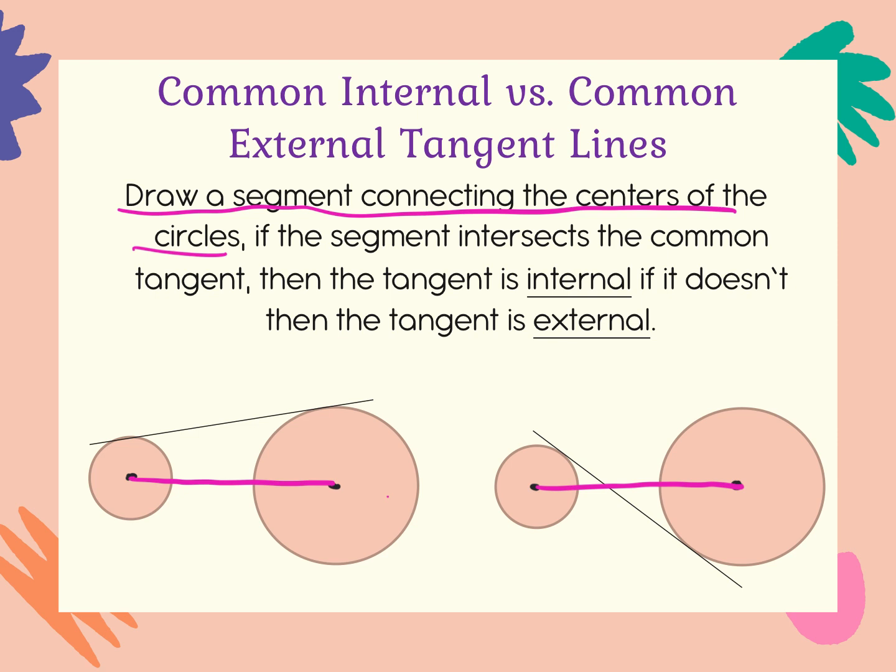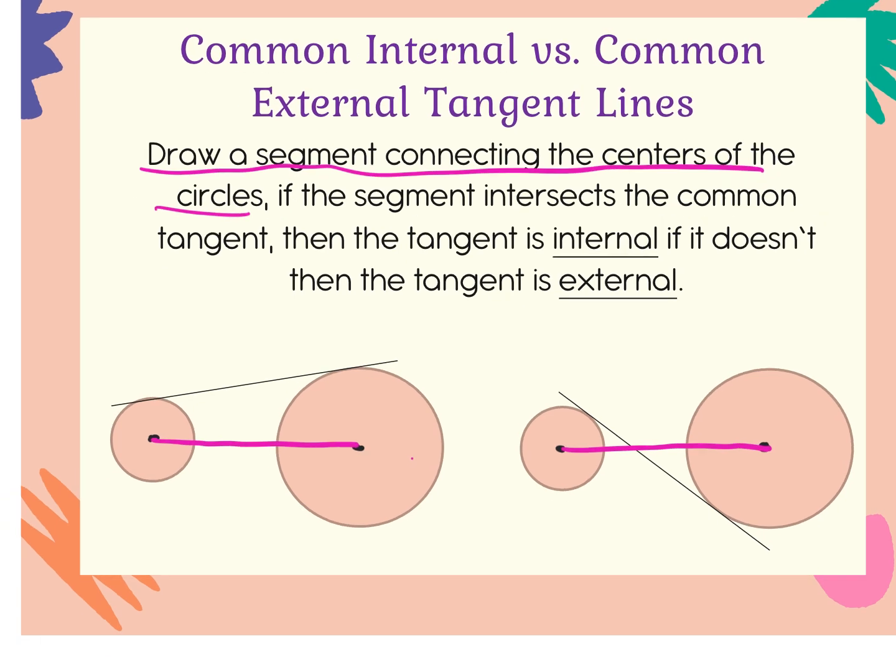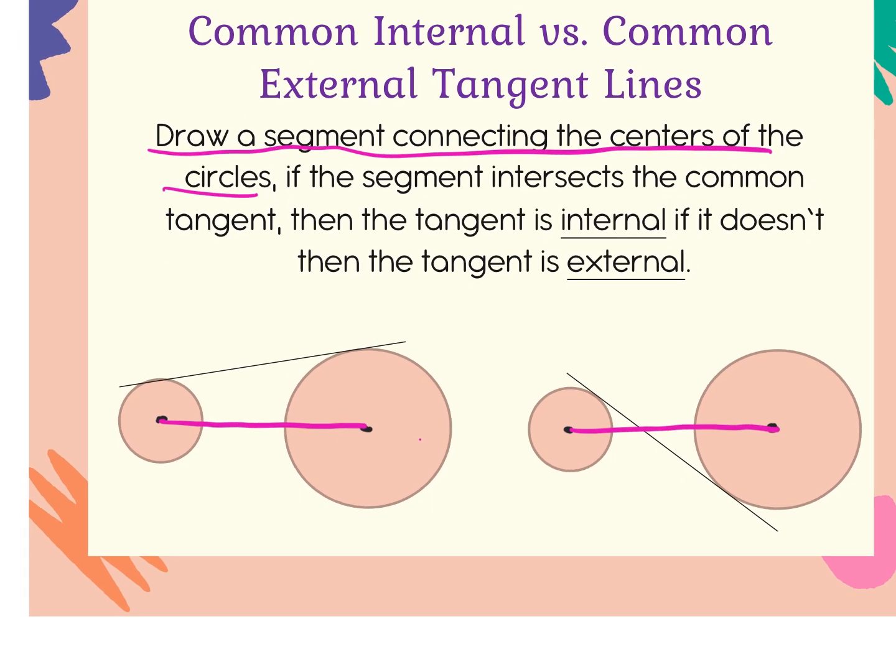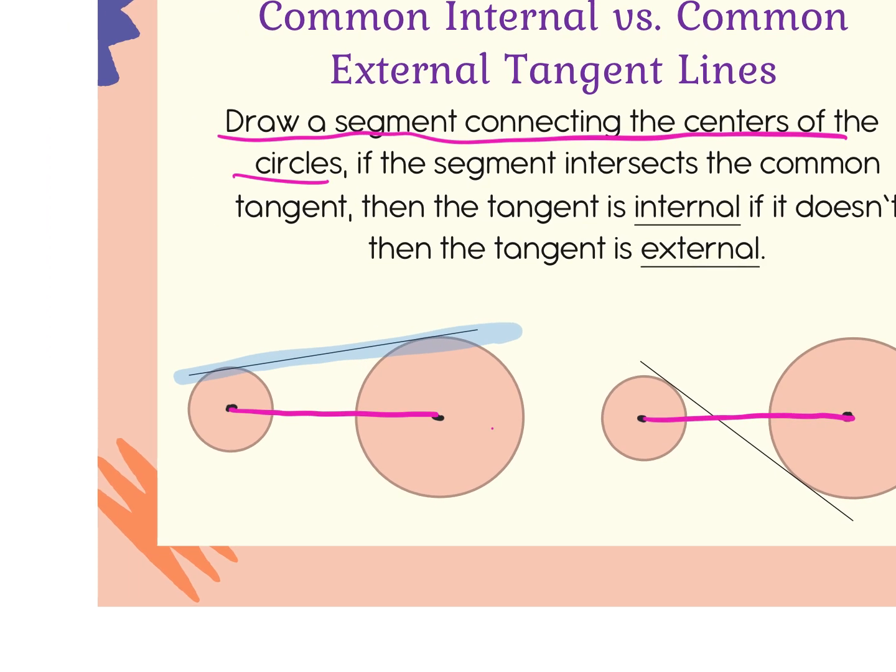So in the circles that are on the left, this blue line here is a tangent line to both the little circle and the big circle. So this tangent line is in common to both the little circle and the big circle.